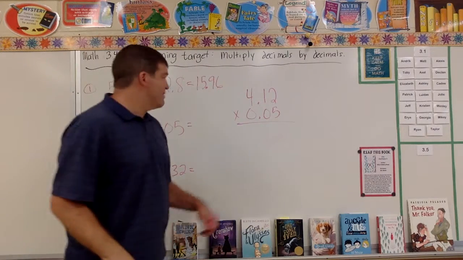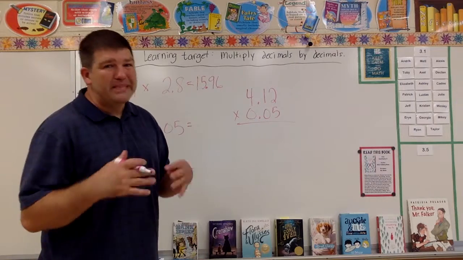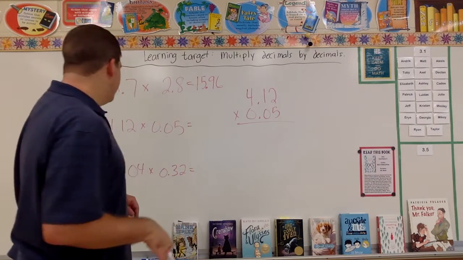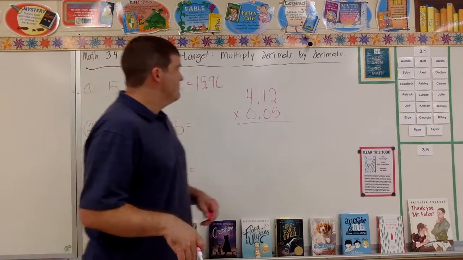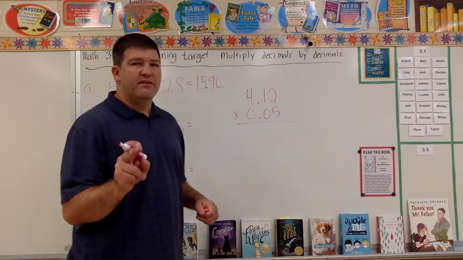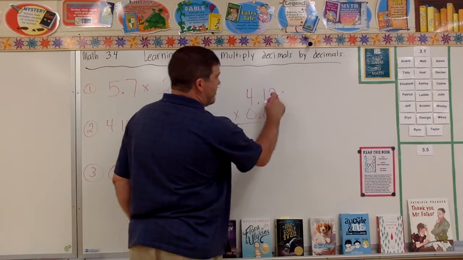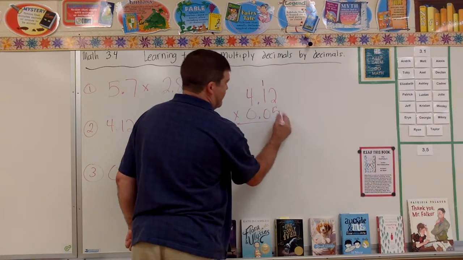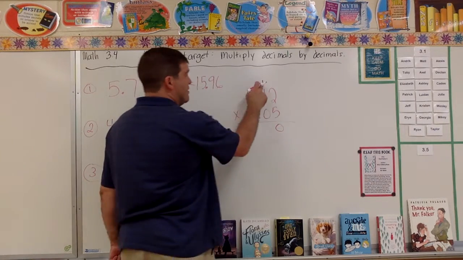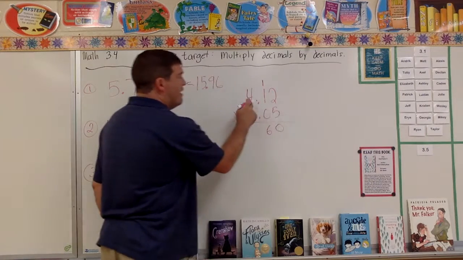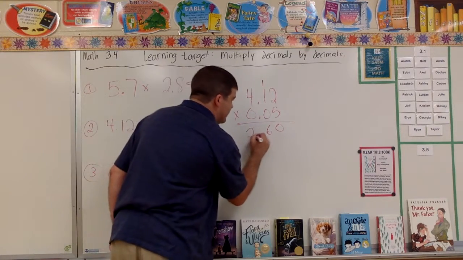Forget about the decimals. Happens to be lined up. Doesn't matter. Okay. The key is that you're doing the multiplication. So let's start here with the 5. 5 times 2 is 10. 5 times 1 is 5. Plus 1 is 6. And 5 times 4 is 20.